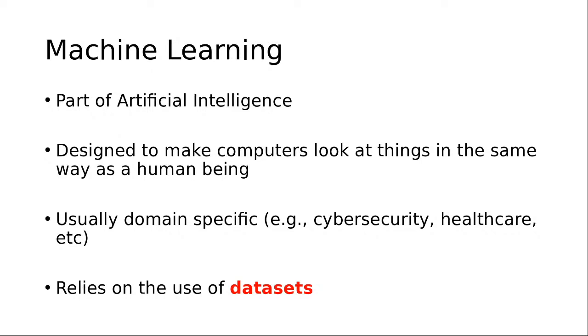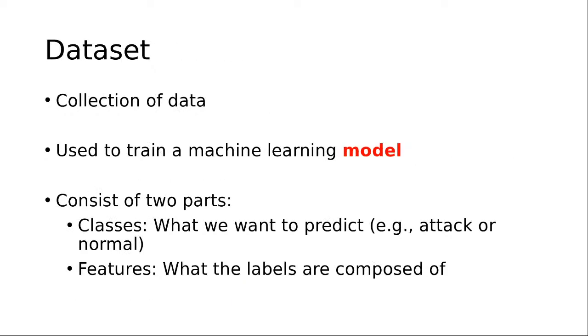So the question then becomes, what is a data set? A data set is nothing more than a collection of data. A data set typically consists of hundreds, thousands, and millions of records, and it's typically used to train a machine learning model. So what is a model?